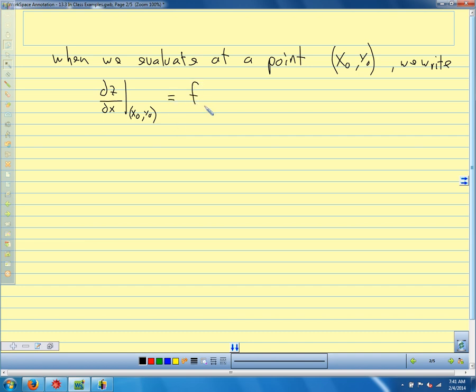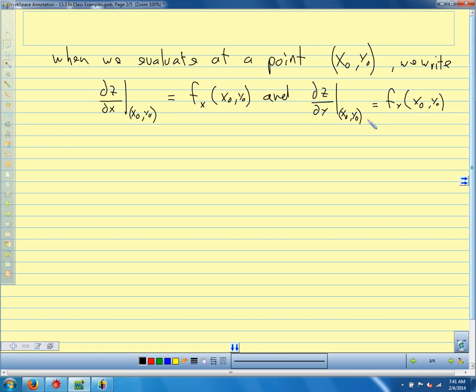We would also say f sub x at x0, y0. And for our partial with respect to y, let's say dz/dy at x0, y0. And that's the same as writing f sub y at x0, y0. So this is our notation for evaluating our partial derivative at a point. So we want it at a specific point.